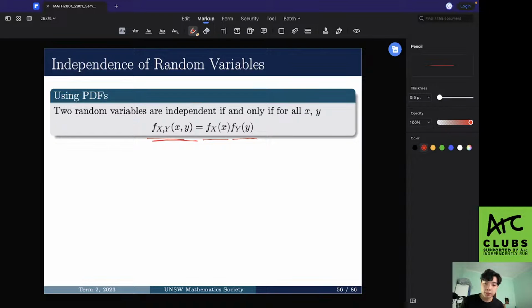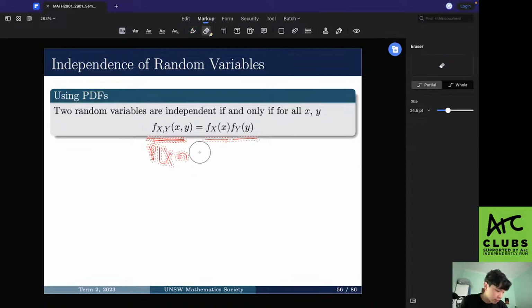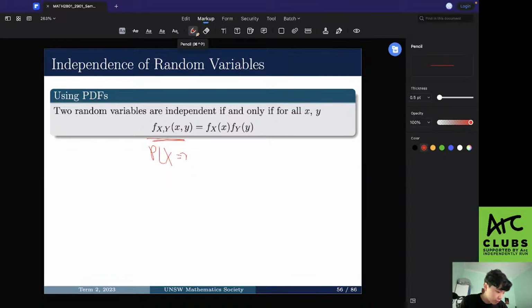And the reason this works is because if they are independent, then the probability that x equals x and also y equals y, the probability that both of these happen together, would just be the probability that x is equal to x multiplied by the probability that y is equal to y, right?